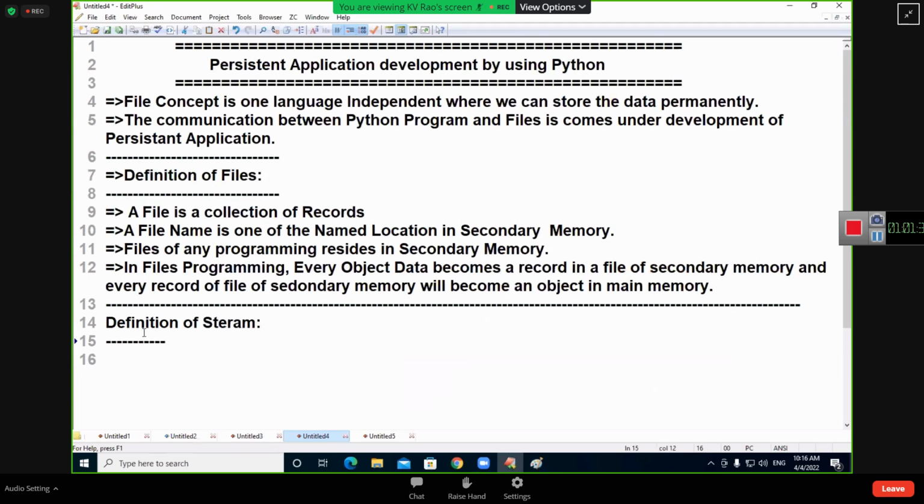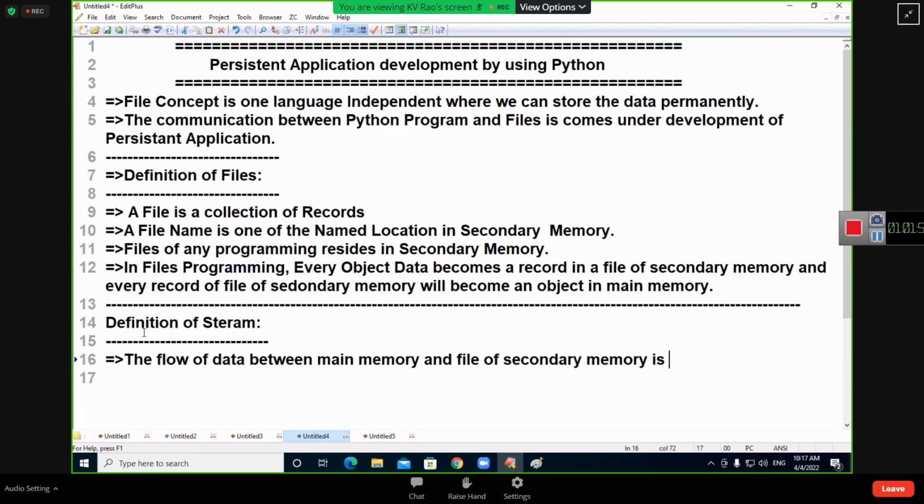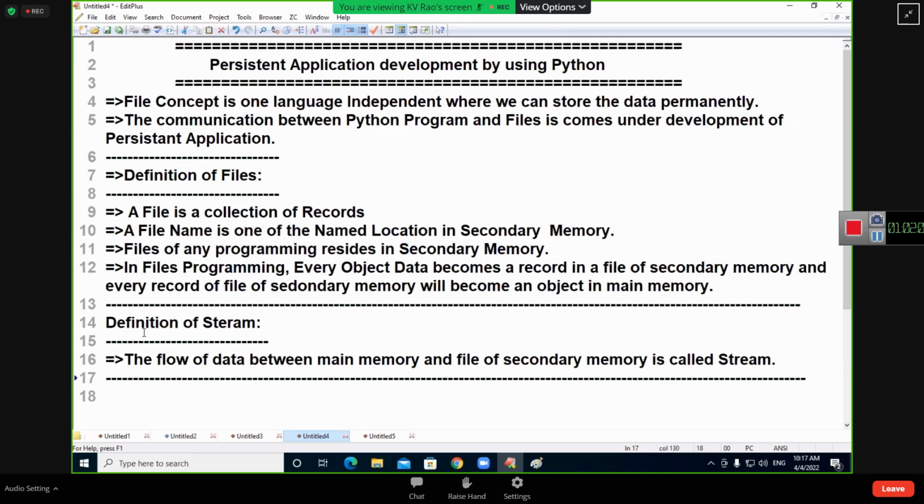Stream. What is the definition of stream? The flow of data between main memory and a file of secondary memory is called stream. I hope it is clear.